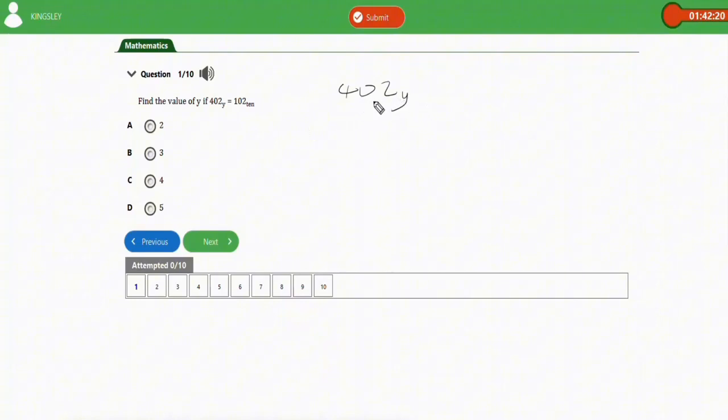So if you want to convert this 402 base y to base 10, basically because we are looking for the value of y, as usual, you begin from this place, label 0, 1, and 2. So it will now be 4 times y to the power 2, plus 0 times y to the power 1, plus 2 times y to the power 0, equals 102 base 10.